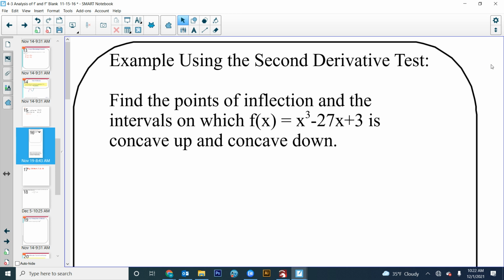F has a point of inflection at x equals k because f double prime changed sign there. That's all you need for a point of inflection, is a sign change in f double prime. Doesn't matter how it changes. Either way, it's a point of inflection. In the first derivative, it mattered how f prime changed. One was a max, one was a min. Right? Good job.